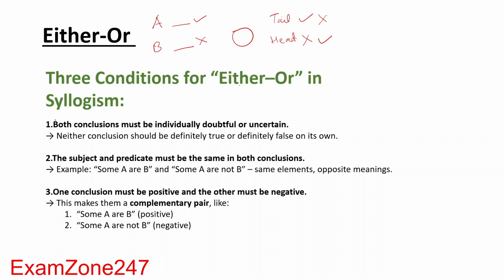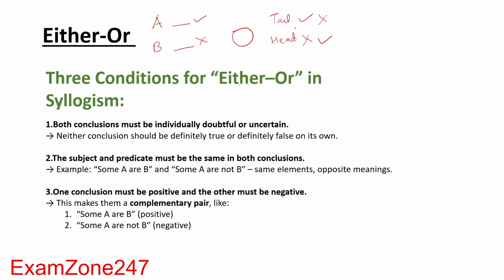For now, let us understand what this means. See, both conclusions must be individually doubtful or uncertain. What it means is, when you solve a question and you draw the Venn diagram, if you come across a statement and you know the answer is right and there cannot be any other possibilities, then it will not fit into this condition. That statement has to be doubtful.